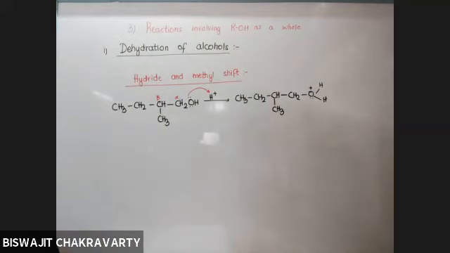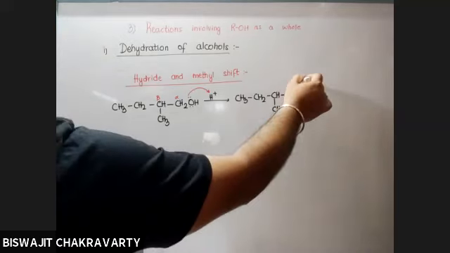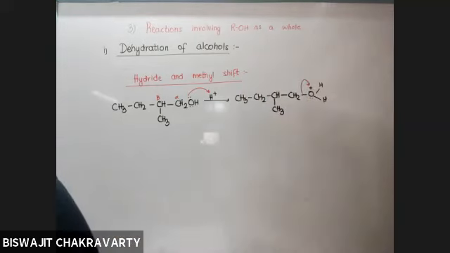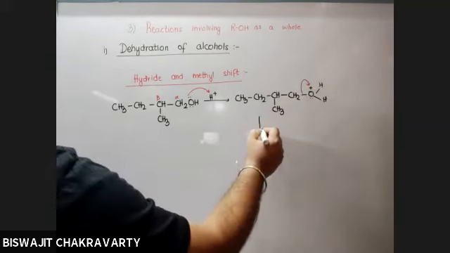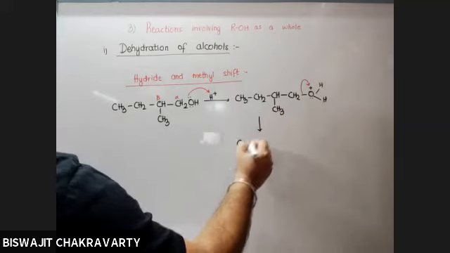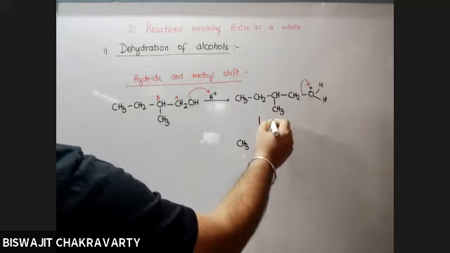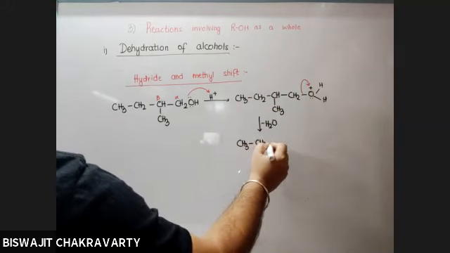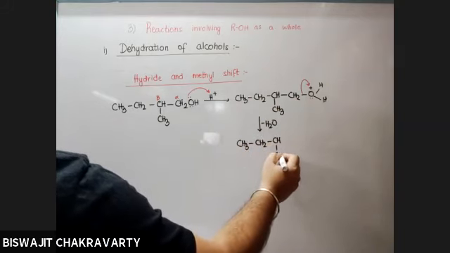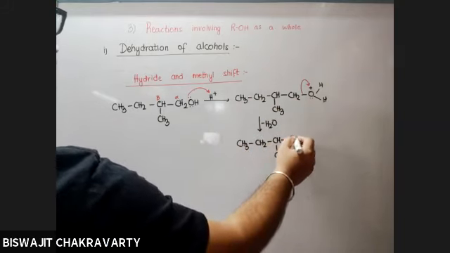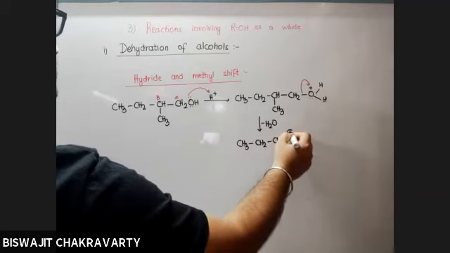And because it is unstable, as we have discussed already, it is going to take away the shared pair, resulting in the formation of carbocation. Water will be lost. And carbocation will be developed.